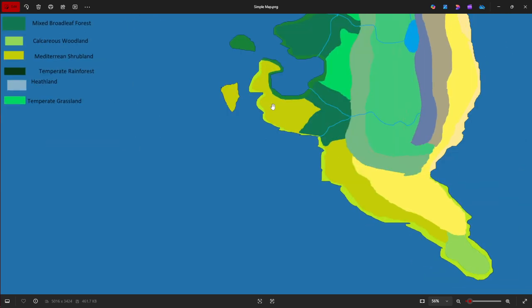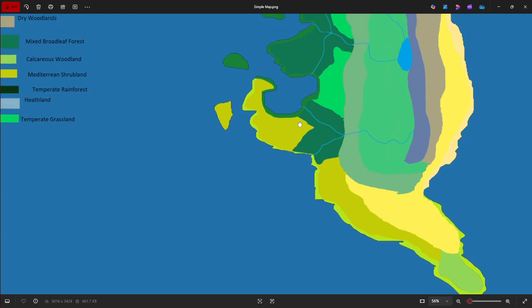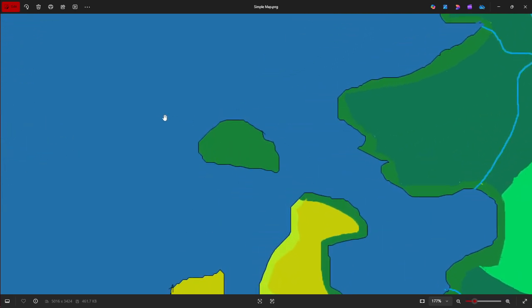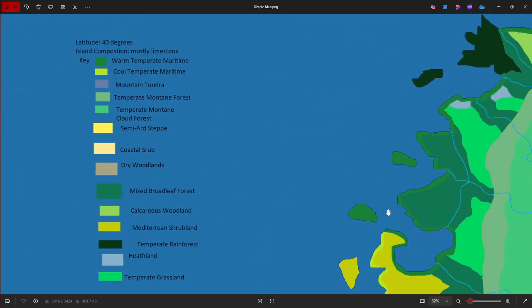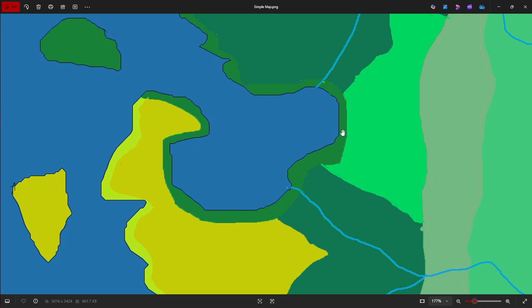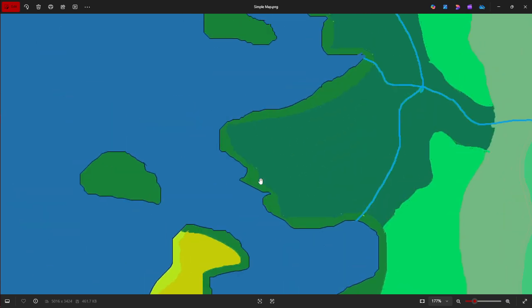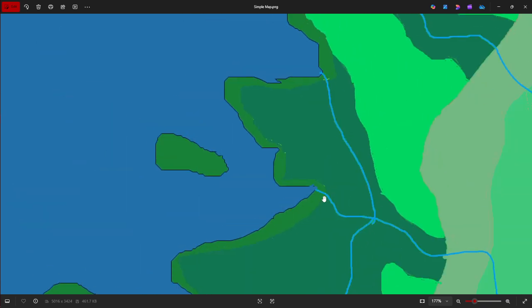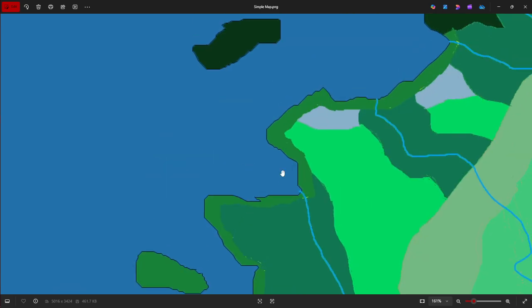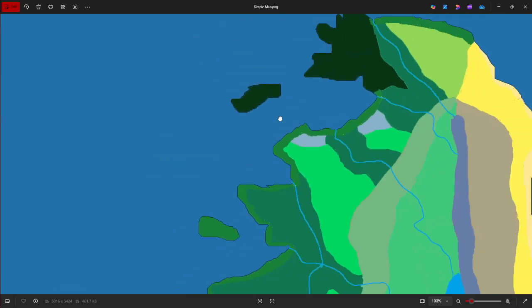As you can see, this biome is a warm, temperate maritime, a brilliant environment capable of farming grains, very fertile, and just good for human settlement, as you shall see later on.